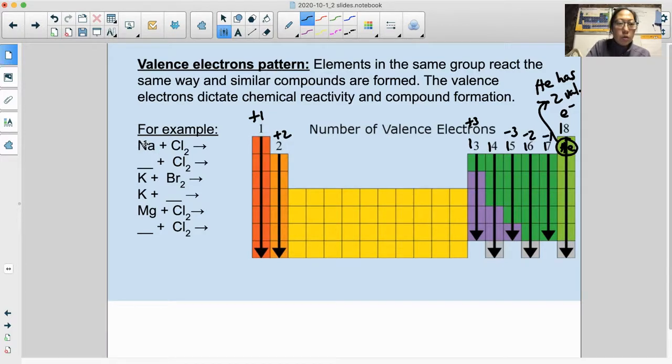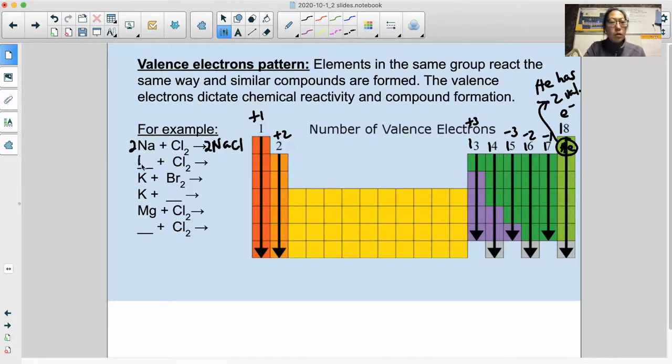So if we have sodium plus and chlorine minus in our ionic compounds, we have a metal and a non-metal. They form an ionic compound. We will get NaCl. And I will just balance that. So an element that would react similarly to Na is anything in group 1.